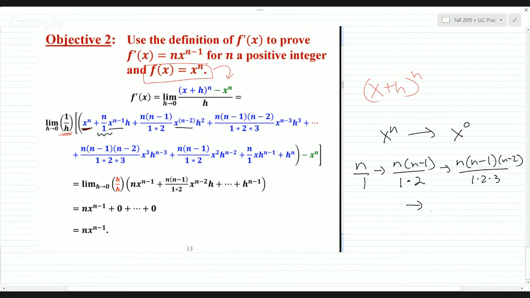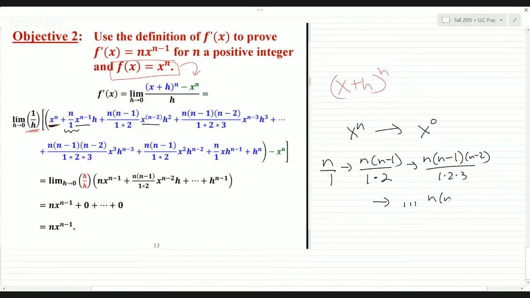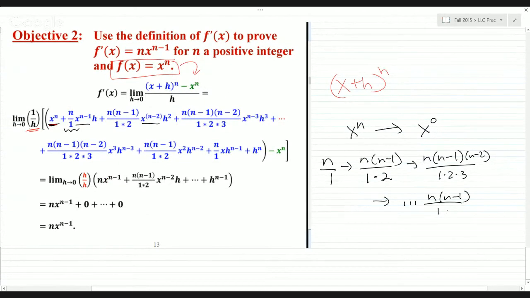And that goes on until it goes back down again, so we have n times n minus 1 over 1 times 2, then n over 1. Okay?